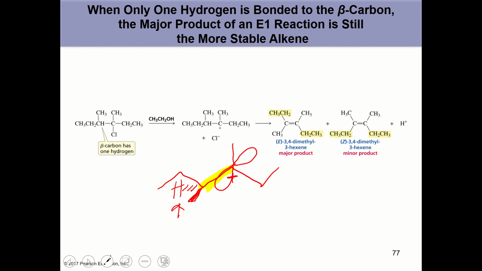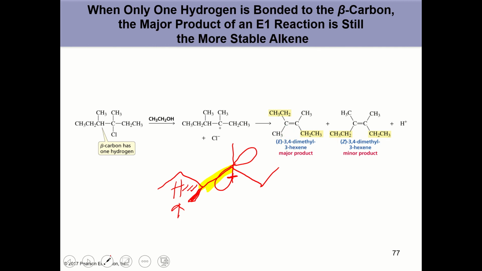At the adjacent carbon, there's only one beta carbon, and so what we're looking at is, when this hydrogen is removed, is it easier for the base to take this hydrogen to form the E product or the Z product?